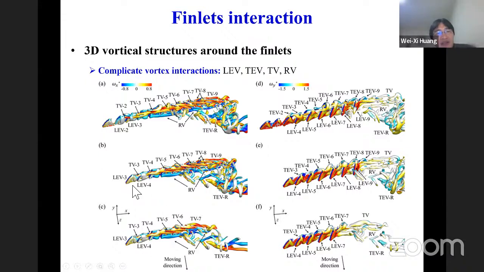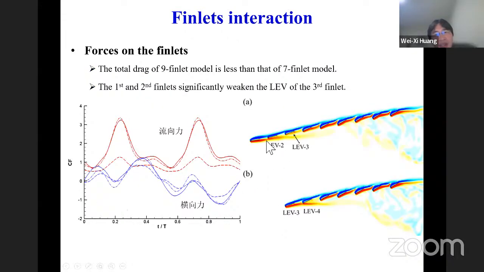to see the effect of the finlet. It's interesting to see that the 9 finlet case has a lower drag than the 7 finlet cases, even though it has 2 more finlets, because these 2 more finlets have some kind of effect on the leading edge of the third one.